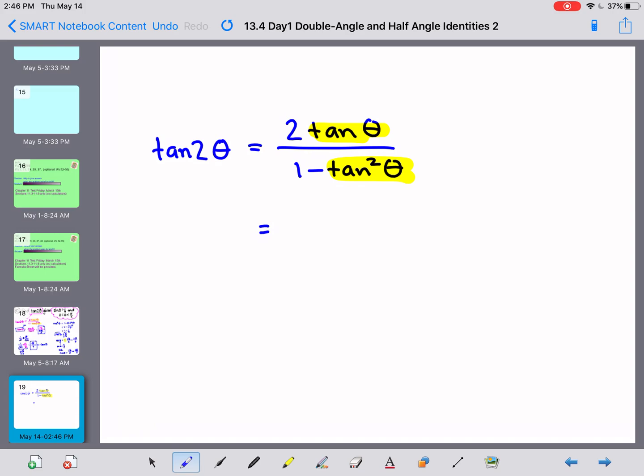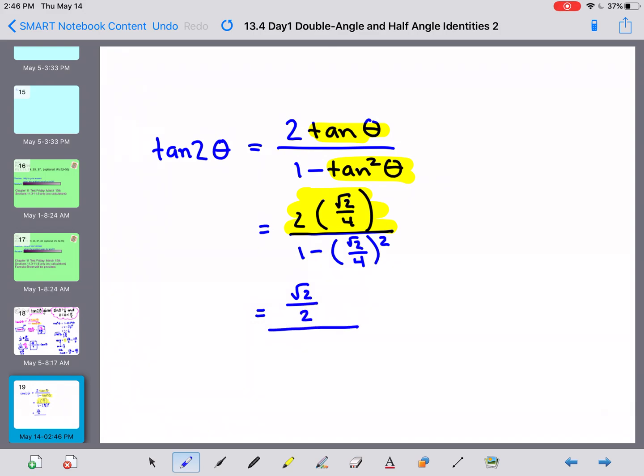So that becomes 2 times root 2 over 4, over 1 minus root 2 over 4 squared. So in the numerator, the outside 2 and the denominator 4 simplify. So that becomes root 2 over 2.